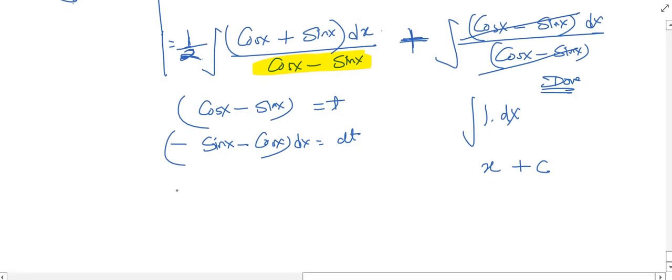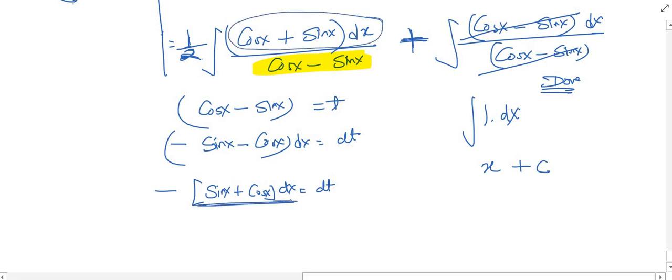So here I will take minus common: minus, sin x plus cos x dx is dt. And this is what we have here in the numerator. So that means sin x plus cos x dx is minus of dt. Yes or no? Minus of dt, this one.